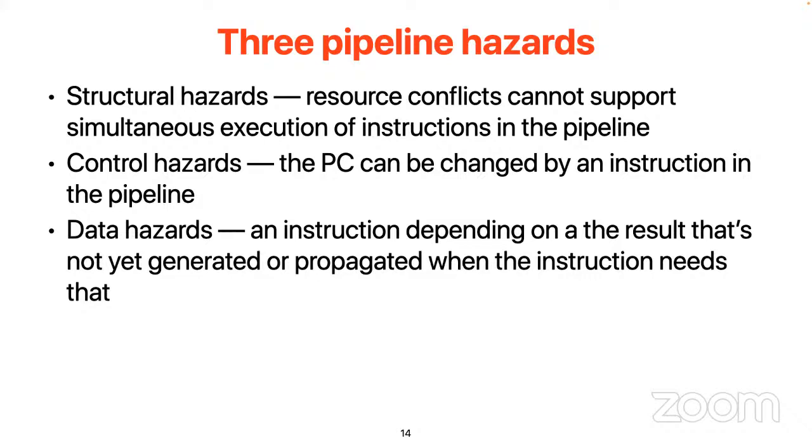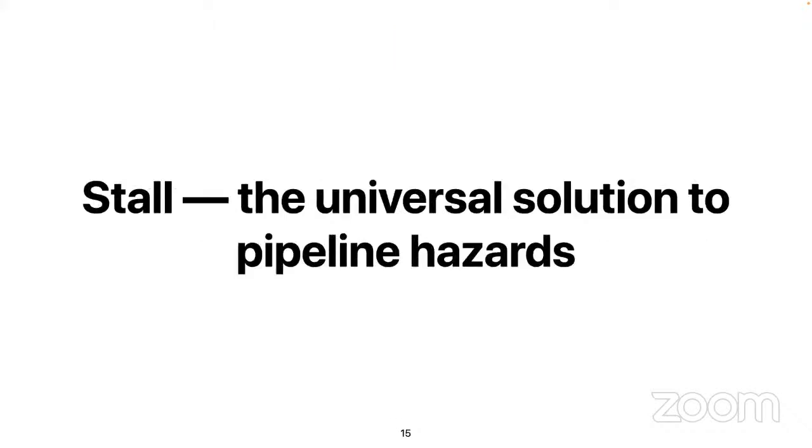And the last type is data hazard, which means there is a data dependency between a later instruction and an earlier instruction. Because of the pipeline design, the instruction result cannot be delivered in time, or the execution is so long that we cannot propagate the value by the time your instruction needs it.